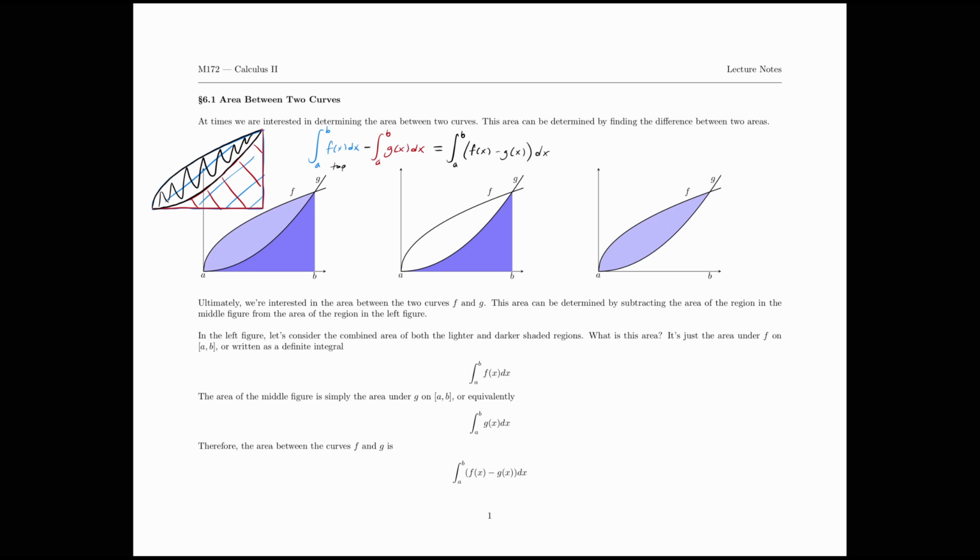I could make this formula a little bit less formal but more helpful, and I would modify this to say something like, let's just say it's really better to think about this as top function minus bottom function. That's really, to me, a lot better.